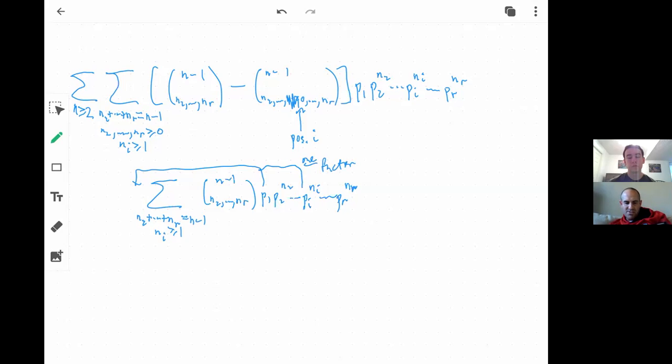Does that make sense? So that this then becomes P1 Pi times the sum n2 plus, okay, so ni minus 1, plus nr equals n minus 2. And I still have ni needing to be greater than or equal to 1.